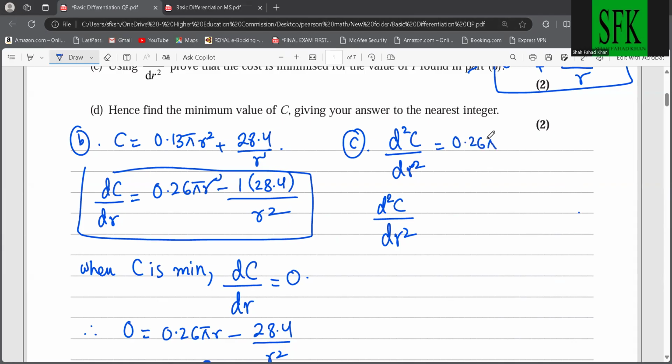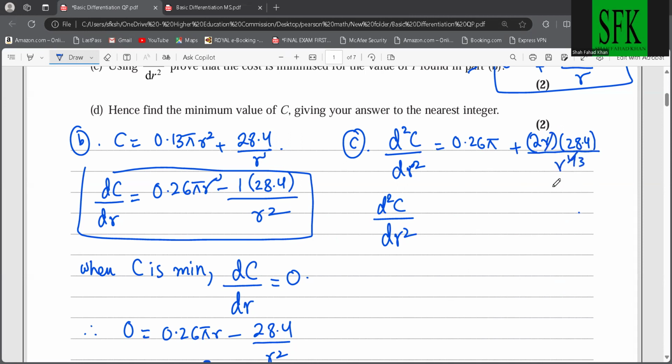This is going to be 0.26 pi, and the second term uses the chain rule. First term differentiated, second as it is, then minus and minus becomes plus, second term differentiated, first as it is, upon second squared.